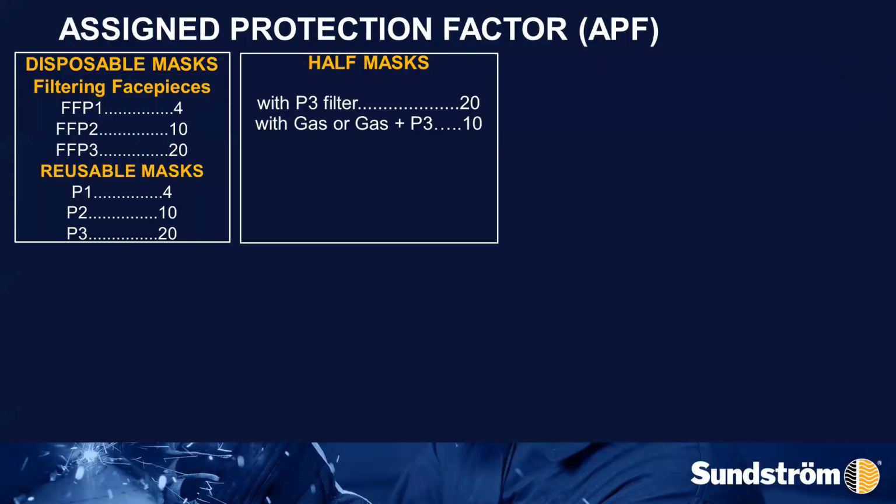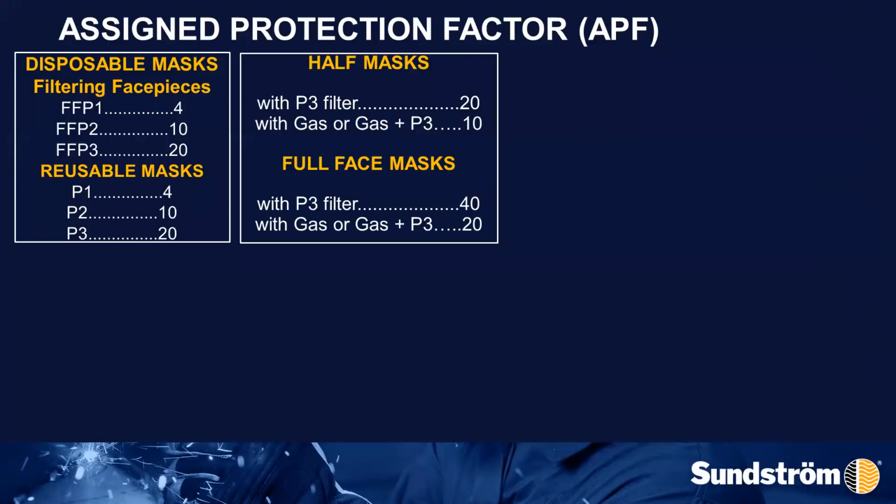Any half mask will give you the same level of protection legally. So with a particle filter in a half mask, it's still going to give you a protection factor of 20. That's the same as a P3 disposable mask. If you move up to a full face mask, that will give you twice the level of protection. And these are all tight-fitting masks that will require you to be face fit tested.